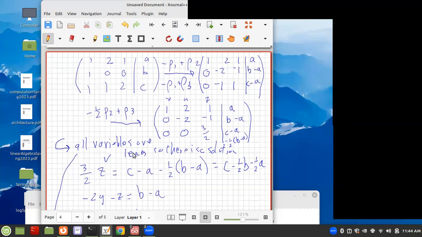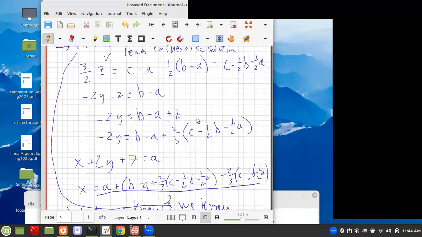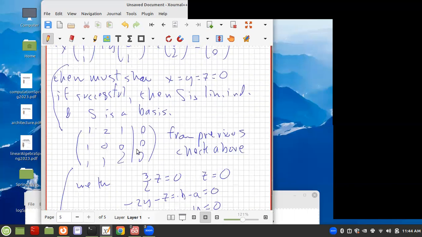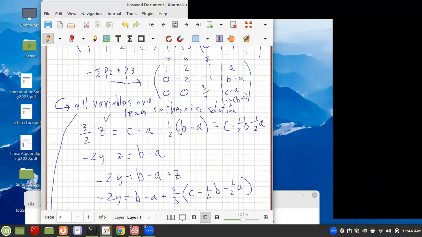So there is a solution. It's really that there's no contradictions. I could have gotten a free variable up here. If I got a free variable up here, when I come down here, I'm not going to be able to show this, so they wouldn't be linearly independent. You might be able to say, if these ones are 0, I have a free variable, so I just choose values, and I can find a linear combination that's not equal to 0.